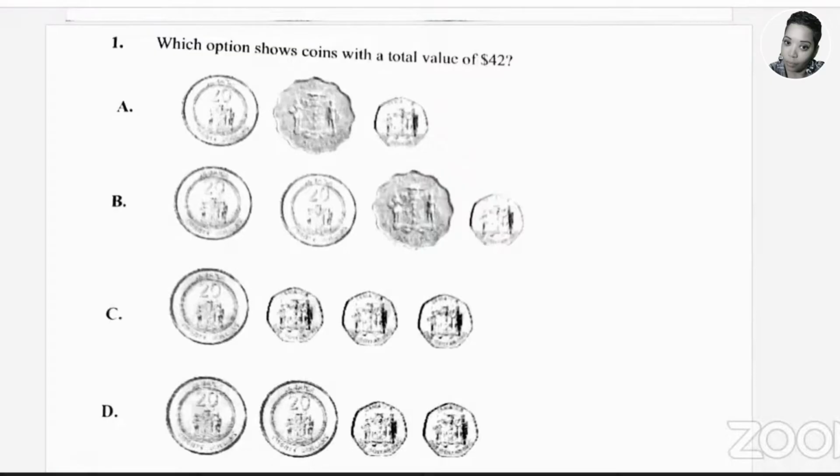Okay, so again, these are Jamaican coins and they have different values. So you would have to add all the coins in each option to see what gives a total value of 42.